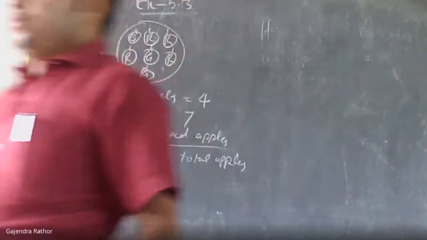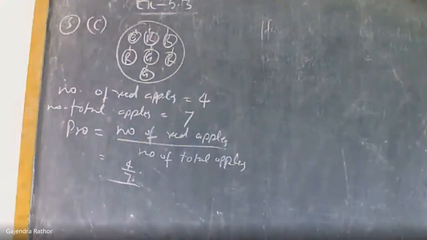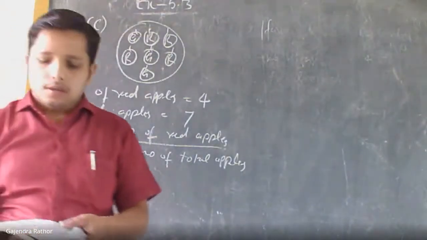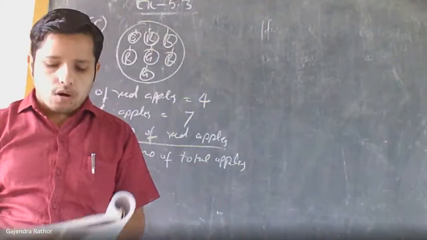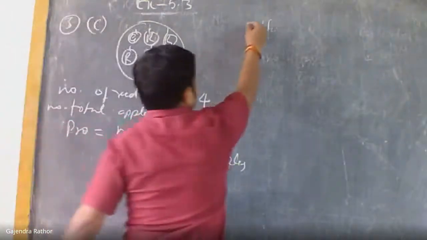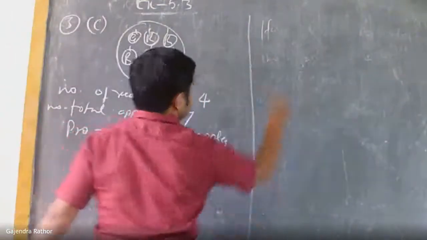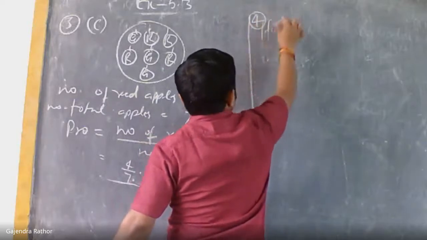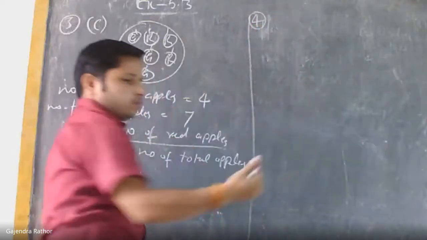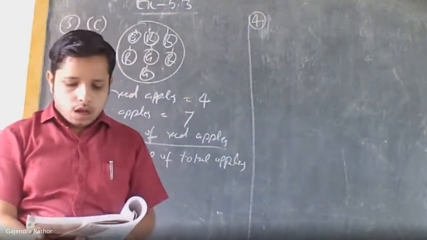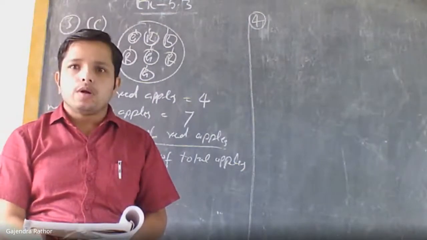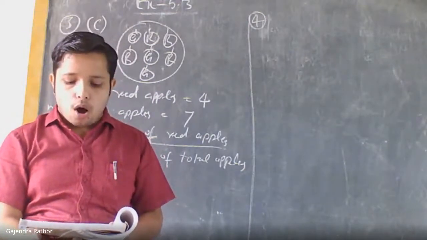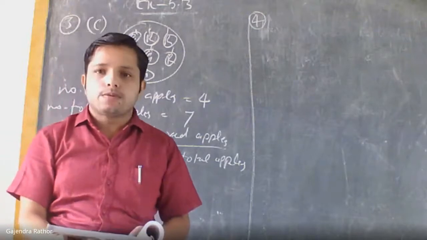Let's continue. The next point, question number 4. Numbers 1 to 10 are written on 10 separate slips.